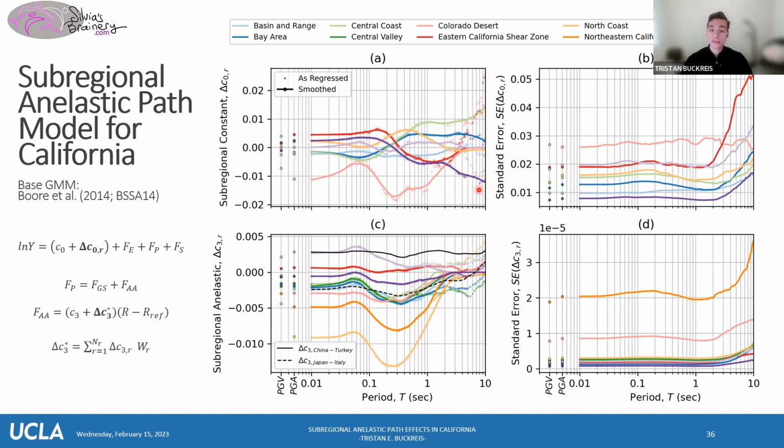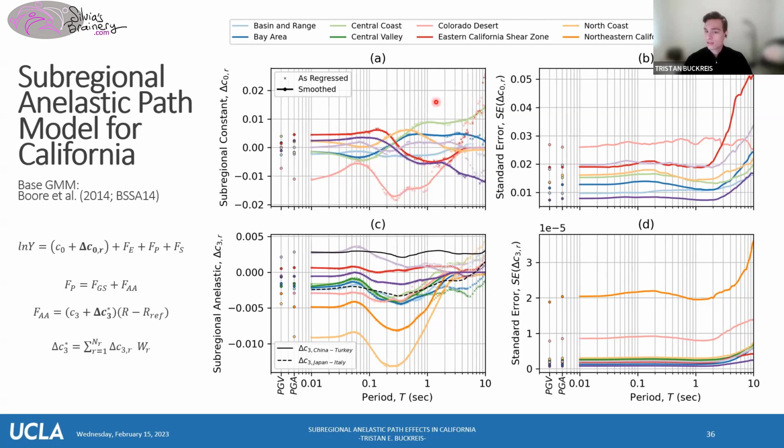So first, starting with the subregional constant, we see that in some areas the residuals are slightly positive. So in the Eastern California shear zone, the amplitudes are a little stronger than what the ground motion model was predicting. In the Colorado desert, the ground motions are a little bit weaker on average than what the ground motion model was predicting.